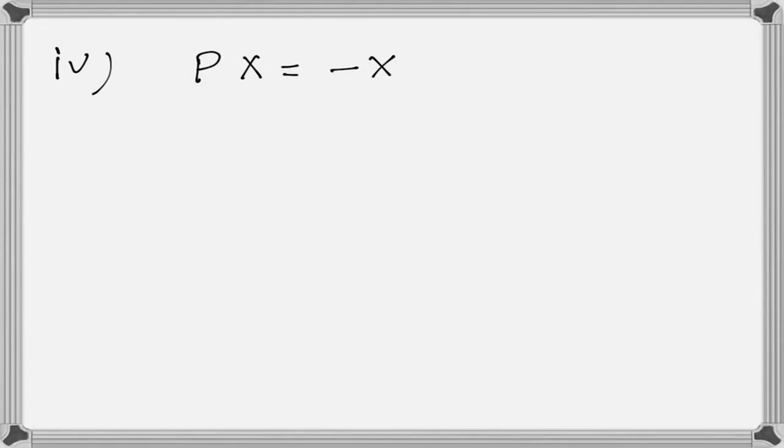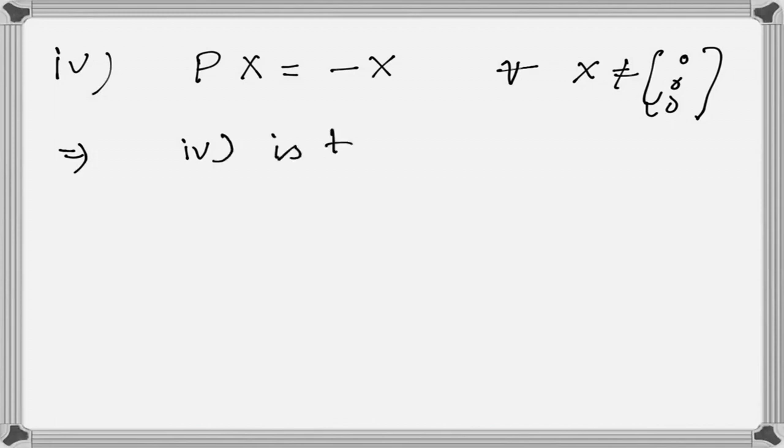So this is true because P is minus I. So we can say that for all x not equals to 0, 0, 0, 4 is true. So out of 4 options, only the last one, the fourth one, is correct, because the other 3 are satisfied only if x is equals to 0, but x is given to be non-zero.